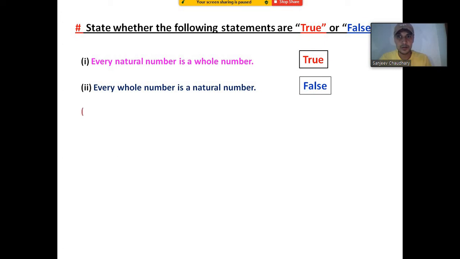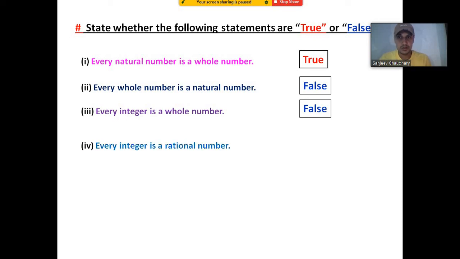Third, every integer is a whole number. Not possible, because in integers all negative and positive numbers are there, but in whole numbers there are only positive numbers. So this is false. Next, every integer is a rational number.